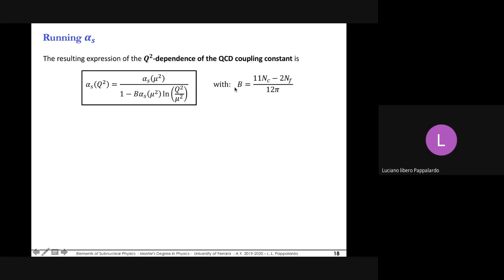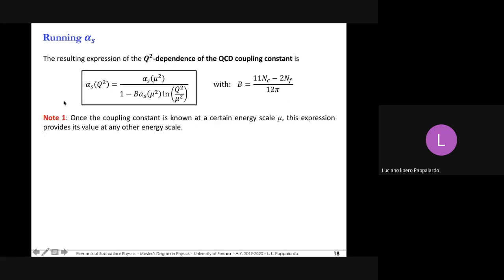The B factor, which is reported here, depends on the number of loops, etc. In particular, it is given by 11 times the number of colors minus 2 times the number of quark flavors divided by a constant, okay? And so essentially, once the coupling constant is known at a certain scale mu, then this expression allows you to calculate its value at any other energy scale. This is called the QCD evolution of alpha strong.